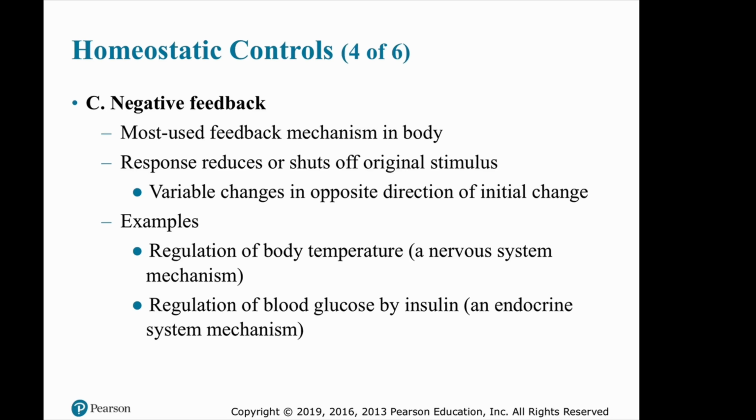Most homeostatic regulatory mechanisms involve negative feedback. Negative feedback thus tends to minimize change, keeping variation in key systems within limits that are compatible with our long-term survival. Examples of negative feedback are regulation of body temperature, which is a nervous system mechanism, and the regulation of blood glucose by insulin, which is an endocrine system mechanism.